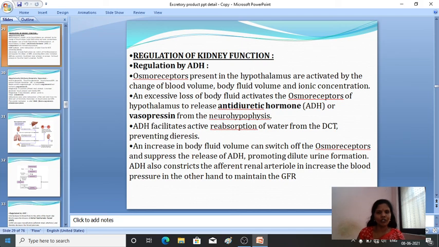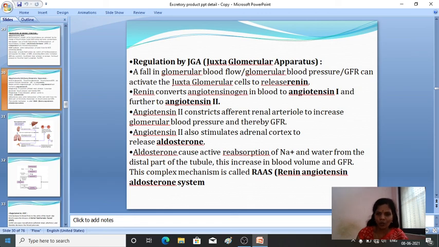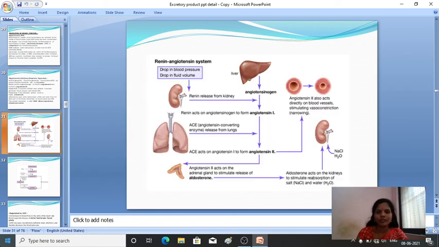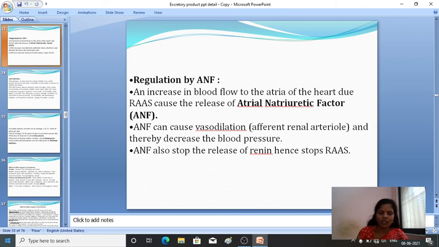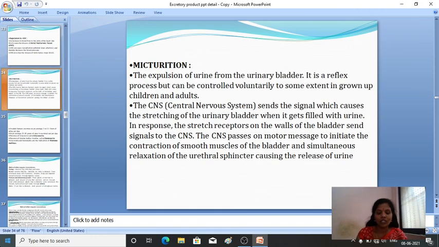Then regulation of kidney function by ADH, that is antidiuretic hormone. Then regulation by the juxtaglomerular apparatus. Then regulation by the atrial natriuretic factor (ANF). Then micturition is the expulsion of urine from the urinary bladder.